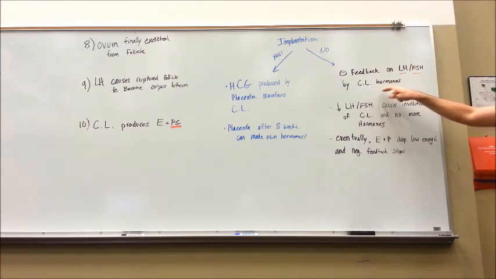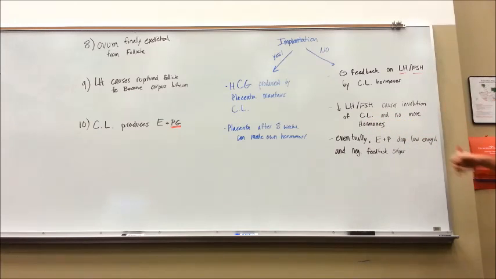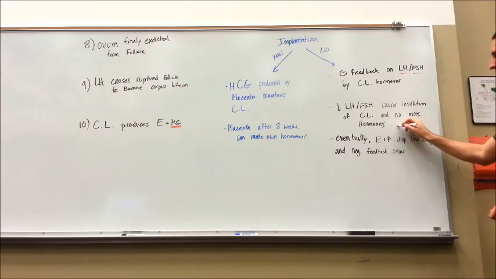by the corpus luteum hormones. So as your LH and FSH levels drop, this causes an involution, which pretty much means death of the corpus luteum within that ovary, and the corpus luteum is going to decrease its hormones, which are estrogen and progesterone.